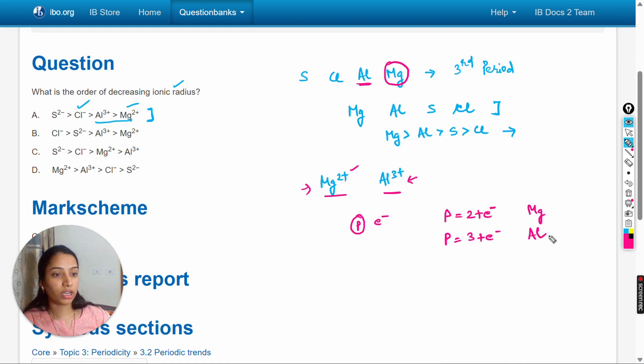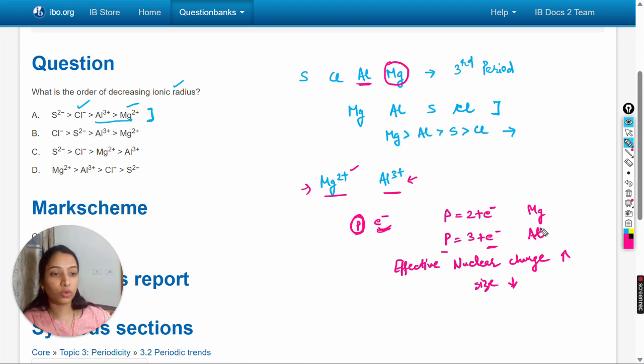So here the number of protons are more than the number of electrons, due to which the pull by the nucleus to the electrons, or the attraction of the nucleus having the protons towards the electrons increases, or we can say effective nuclear charge will increase, due to which the size decreases.